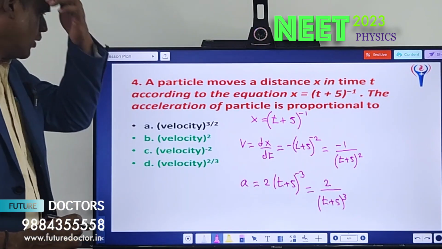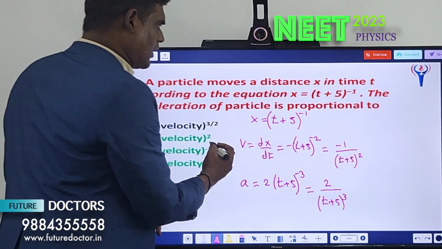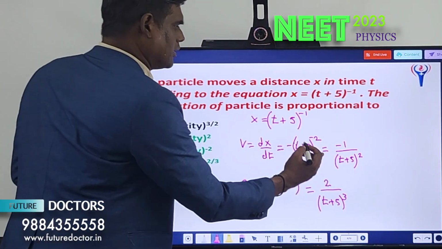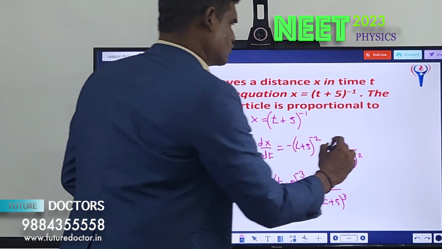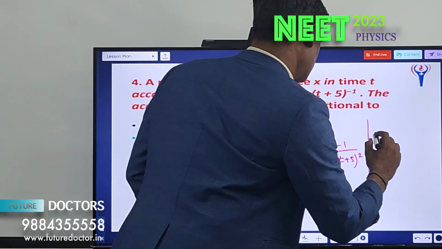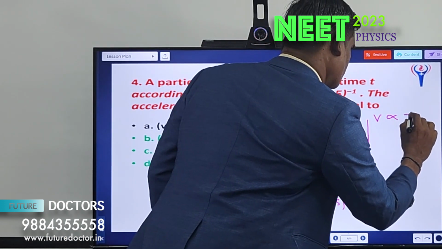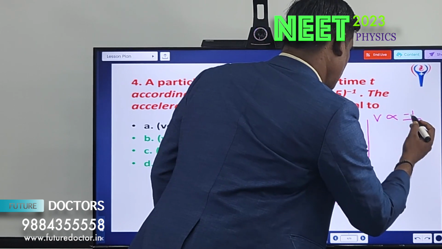Now you want to express this in terms of velocity v. We have v equal to minus 1 into (t plus 5) whole power minus 2. So v is proportional to (t plus 5) whole power minus 2, where the minus sign we can remove.